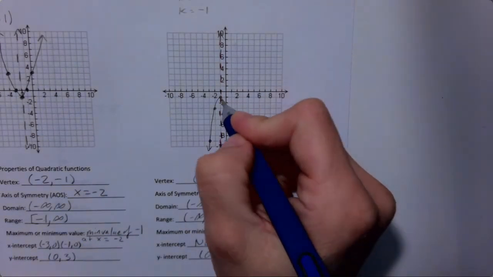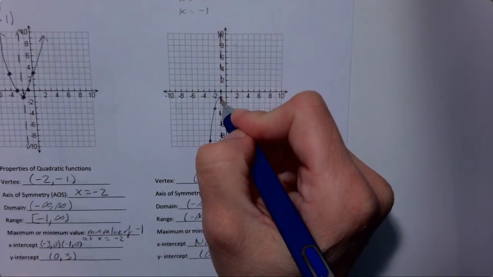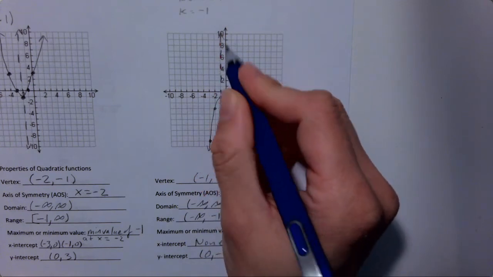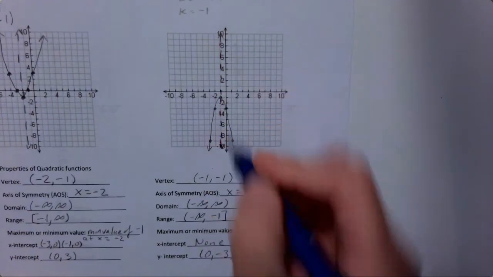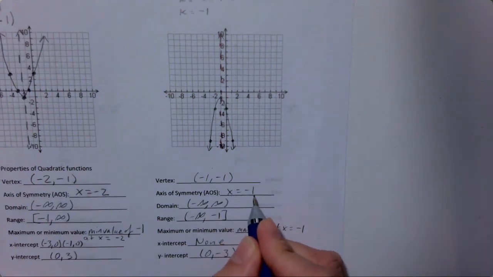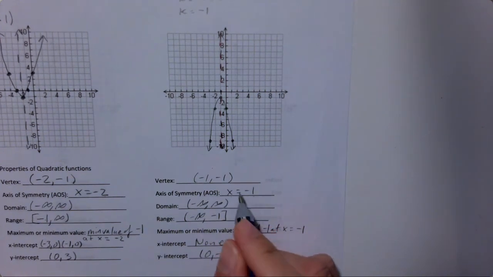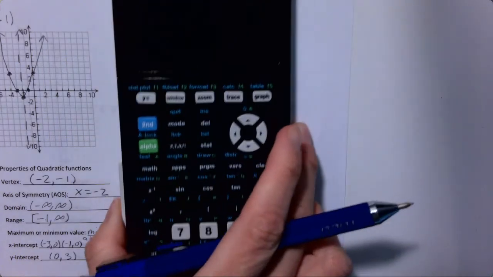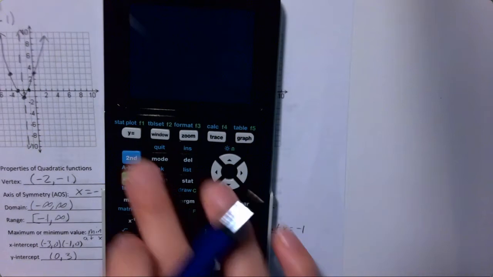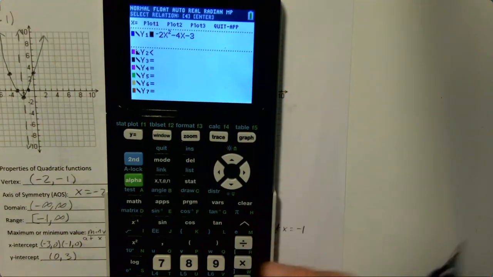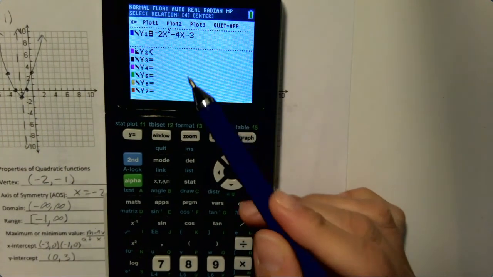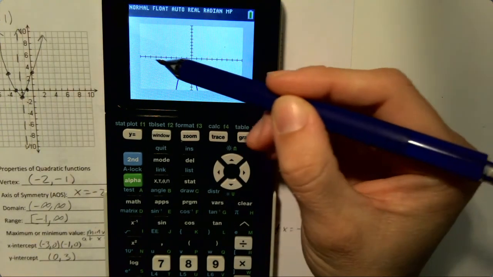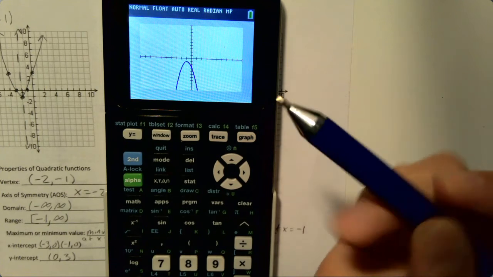I plotted it here, and my axis of symmetry always goes through the x coordinate of your vertex, and it's a vertical line. So since it's this vertical line, it's x equals -1. All right, so now I plugged everything into my calculator. Here was my equation, y equals -2x squared minus 4x minus 3, and when I graphed it, I noticed it went upside down, and it doesn't touch the x-axis.